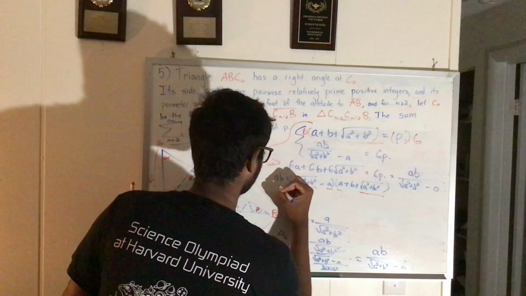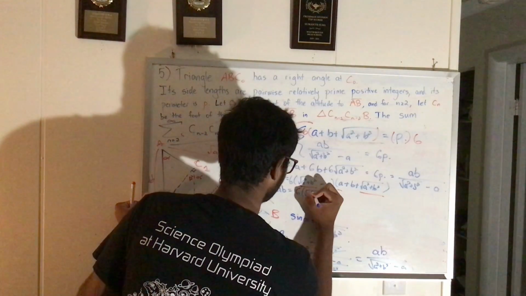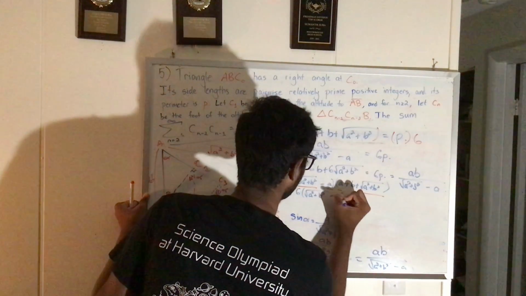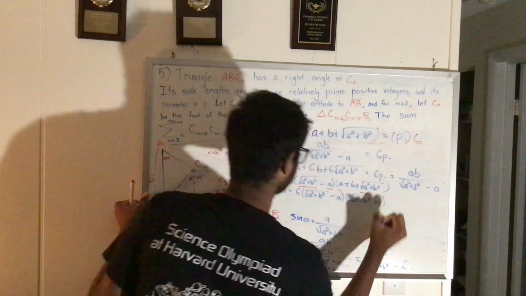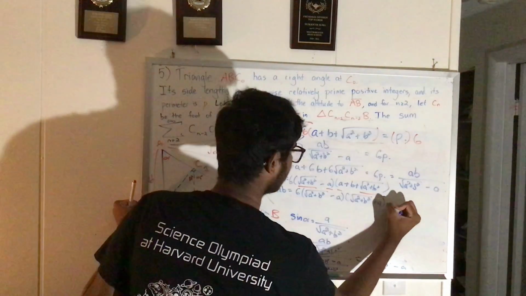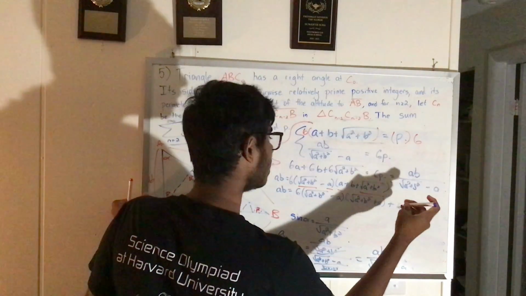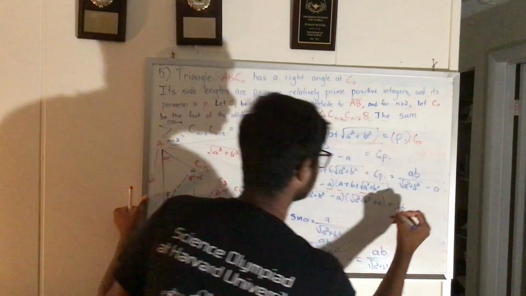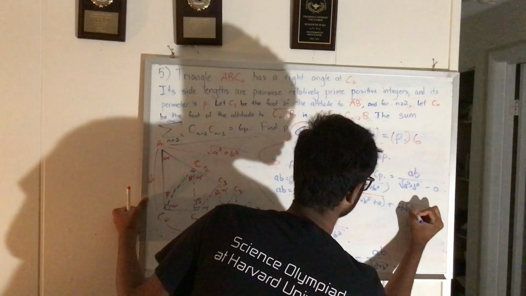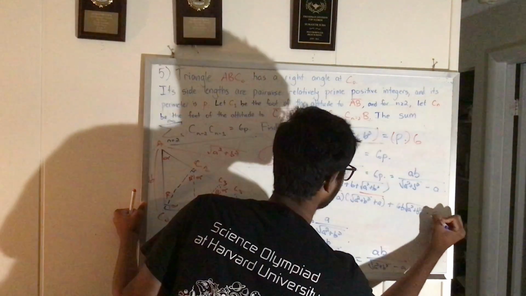So now you have ab equals 6 times root of a squared plus b squared minus a times the root of a squared plus b squared plus a. And then you add 6 times b times this product. So 6b root a squared plus b squared minus 6ba, so basically 6ab.